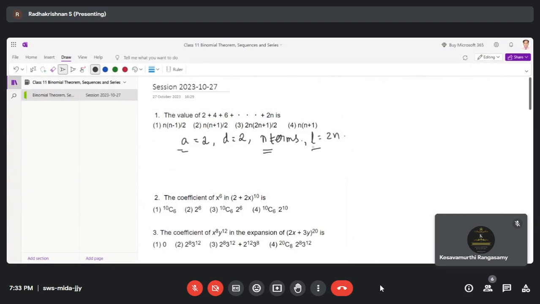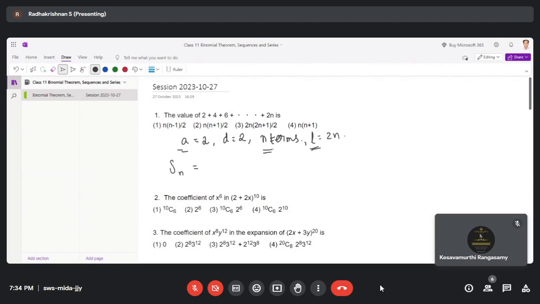Does somebody know? Yeah, the last term is 2n, correct. Number of terms is n, the last term value is 2n, first term is 2. Then what is the sum of that series? What is the formula for Sn? n by 2 into 2a plus n minus 1 into d.